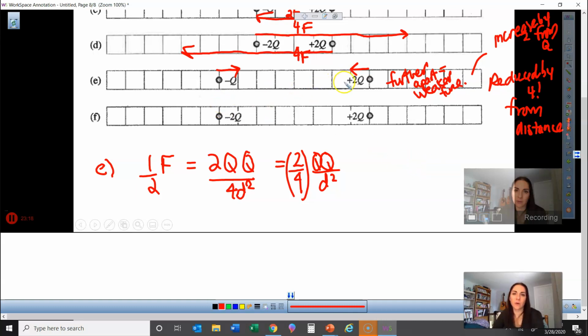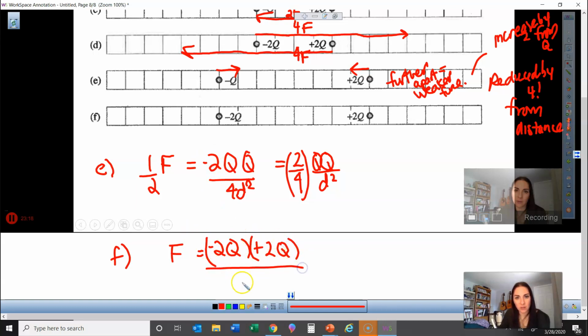And the weaker force is decreased not only by 4, but it did have a factor of 2 to increase it. If I do F and do the same kind of thing, I get 2q for the first one. I mean, technically one of them is negative. I get 2q for the second one.